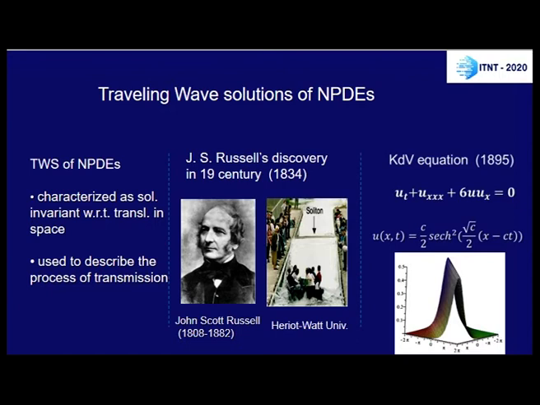The KdV equation was proposed in 1895 by a Dutch mathematician, Korteweg, and his student De Vries. For this equation, the exact solitary wave solutions can be derived like this. They believed that these strange waves that Russell observed are caused by a cancellation of nonlinear and dispersive effects in the medium.